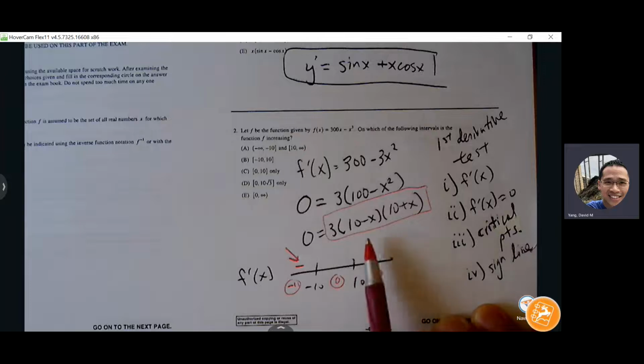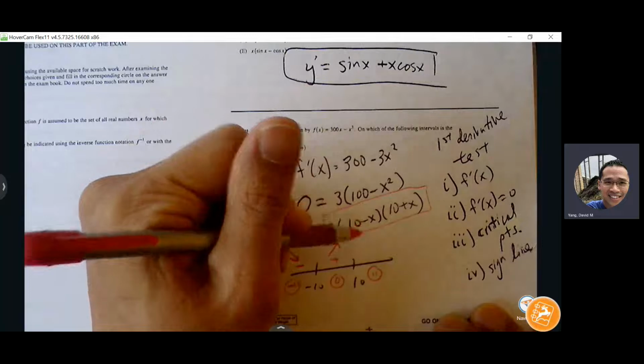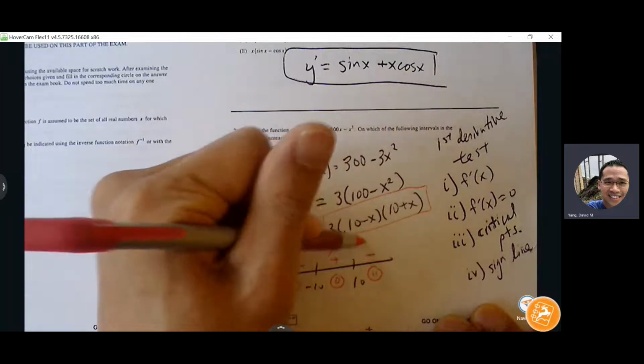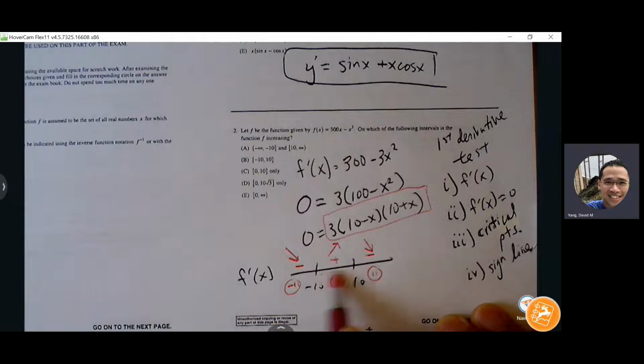Decreasing. At 0, 10 minus 0, 10 plus 0, that's positive. At 11, 10 minus 11, 10 plus 11, negative. Okay, so increasing will be in the middle interval here, from negative 10 to 10.